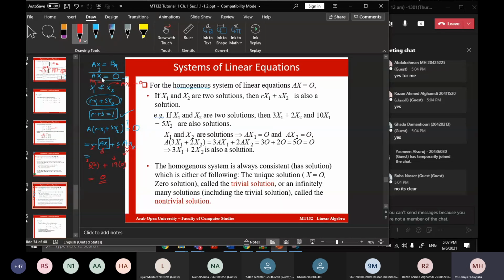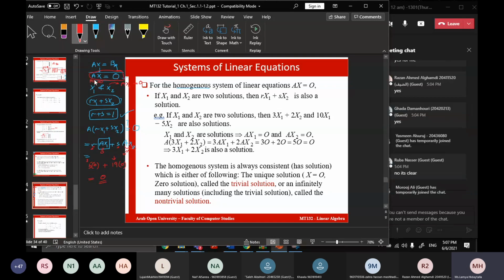This is in the case the system is homogeneous. If the system is homogeneous, that means all the numbers here are zeros.